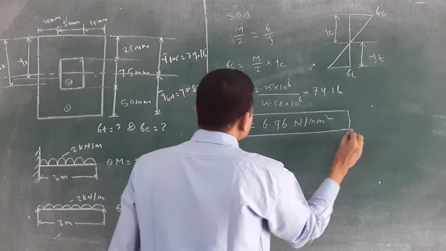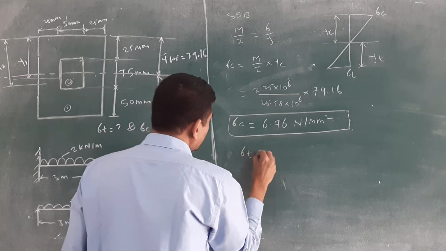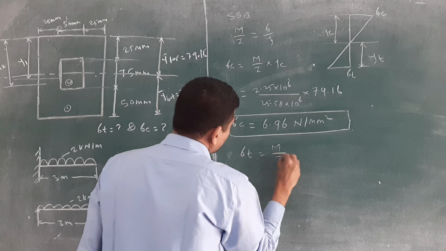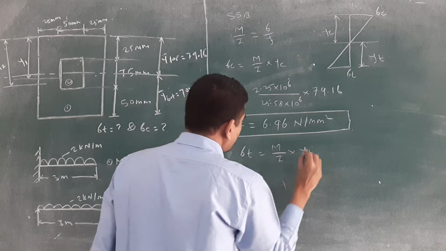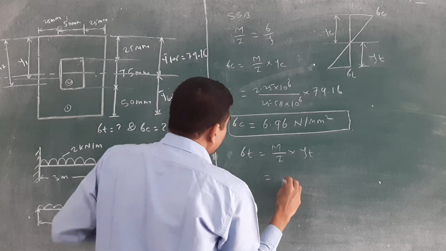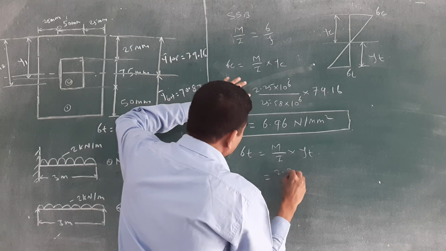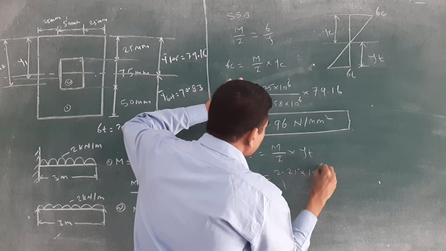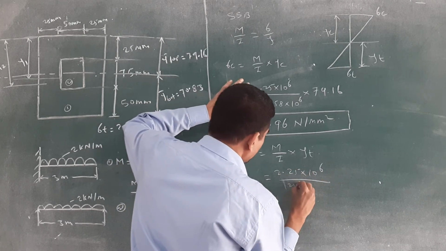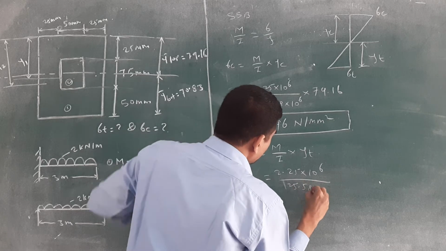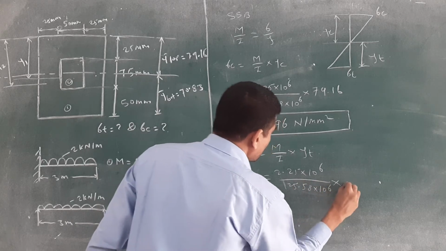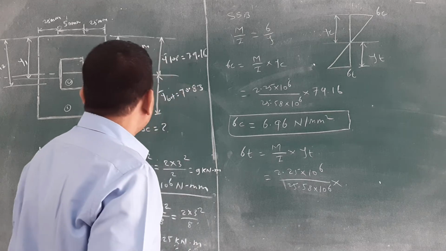And what is the value of sigma t? Sigma t is equal to M by I into yt. Okay, M and I value is same for all, 10 raised to 6 divided by 25.58 into 10 raised to 6, into, what is the value of yt?